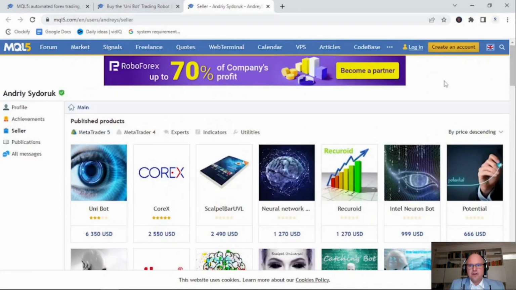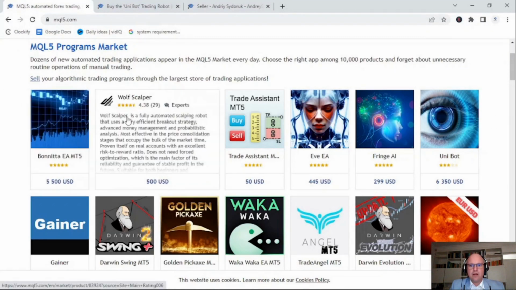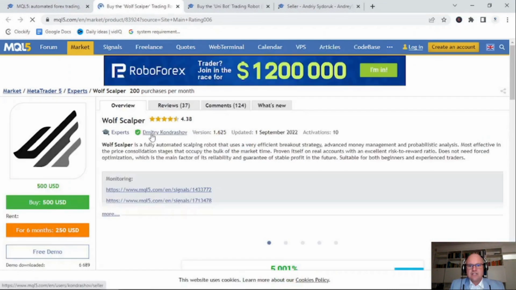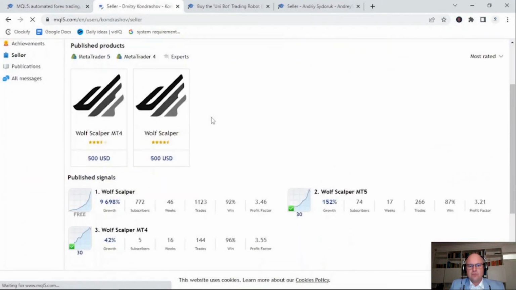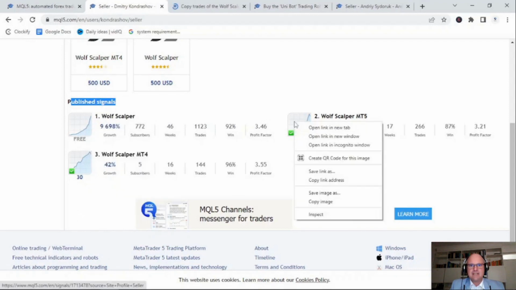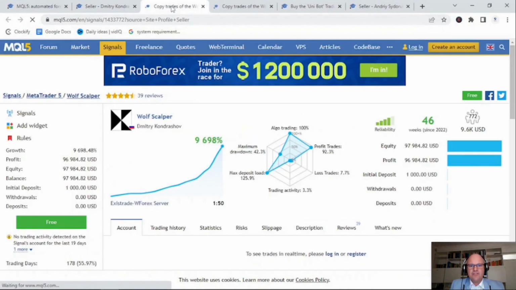If we go back to the home page and look at some of the other bots available on the MQL marketplace, for example, Wolf Scalper, if you select Dimitri's profile, you will see signal service for the bots that he has available. These signals are published direct from history on MetaTrader. So this will give you an idea of the profitability of a bot on a real account.